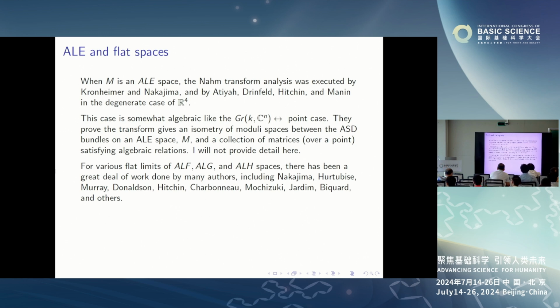In the ALG case, there's Mochizuki and Jardim and Picard. And then there are many others. The list is long, and there's been lots of good work done in these areas.